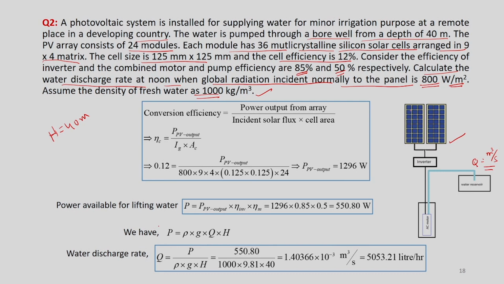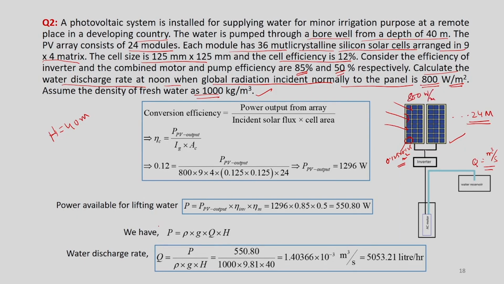So, 24 PV modules are connected, and the cell size is 0.125 by 0.125 meter square. The solar radiation falling onto this PV system is 800 watt per meter square.